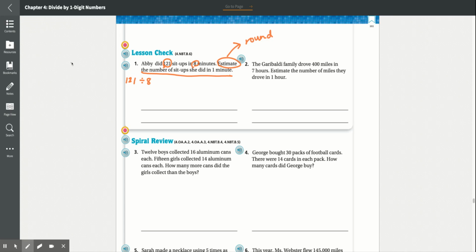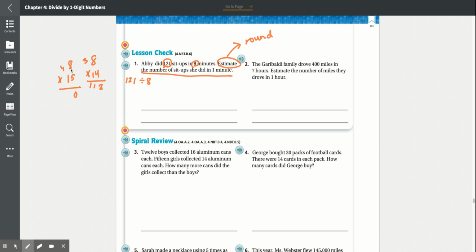So we can multiply 8 times 15 and 8 times 14 to see which one is closer. So 8 times 4 is 32. Carry the 3. 8 times 1 is 8 plus 3 is 11. So that'd be 112. 8 times 5 is 40.